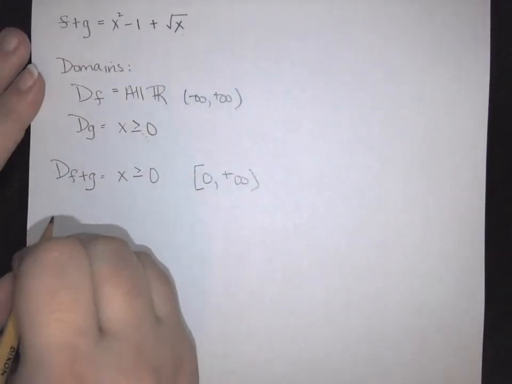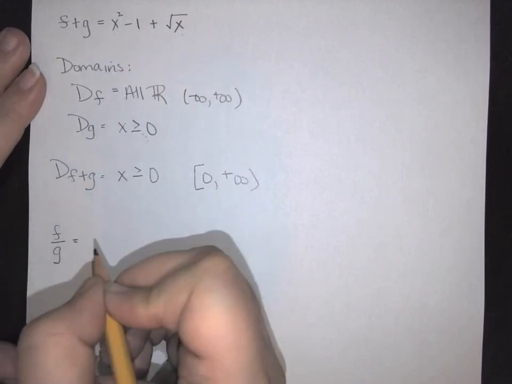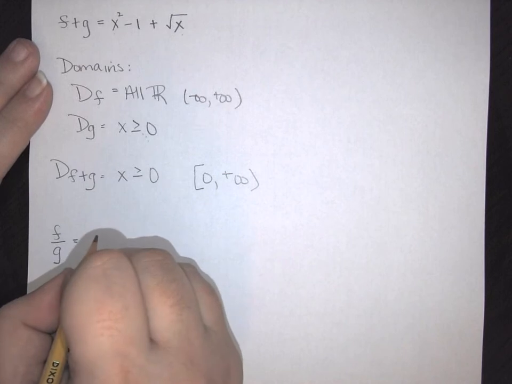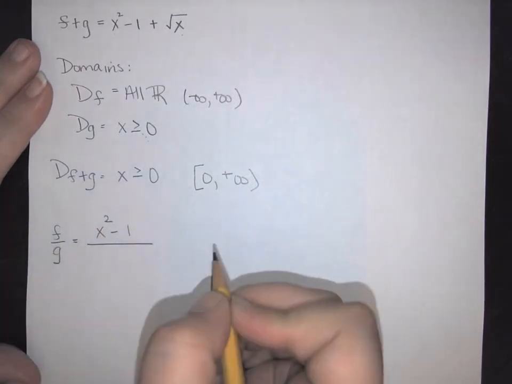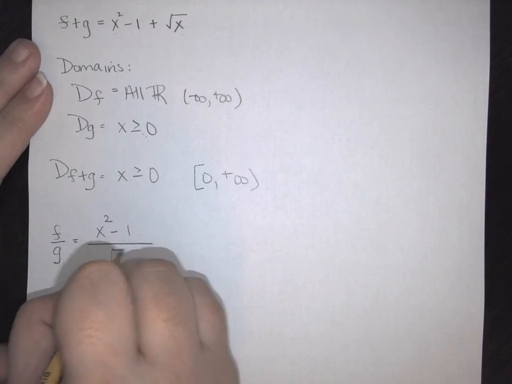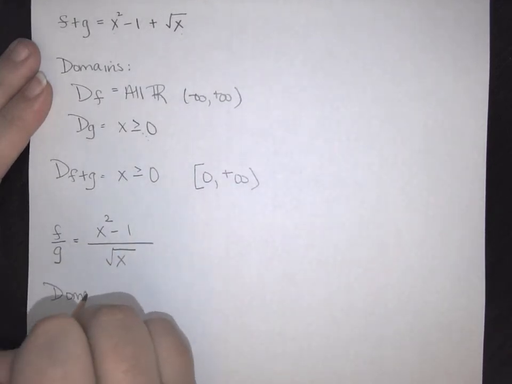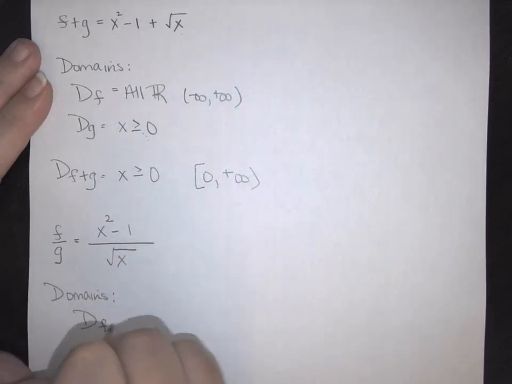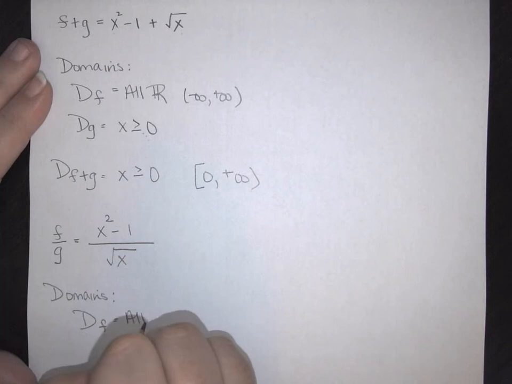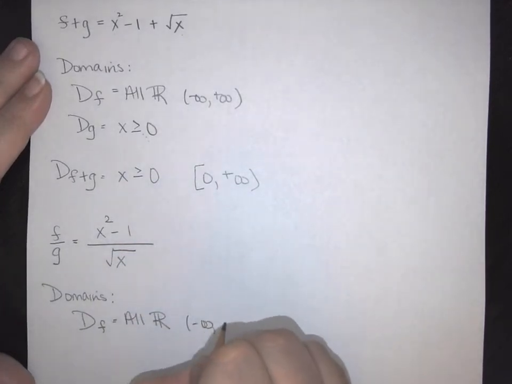Now the second part wants us to look at f divided by g. So in this case, f is still the same, x squared minus 1. But now we've got g on the bottom. So when we look at your domains, again, your domain of f is going to stay the same at all real numbers. So negative infinity to positive infinity.